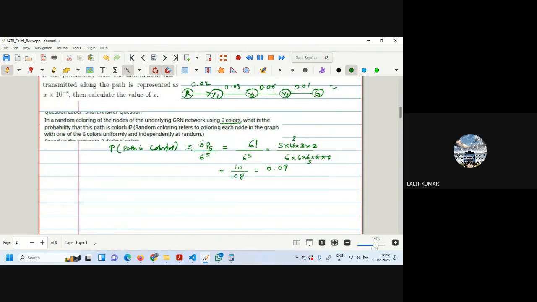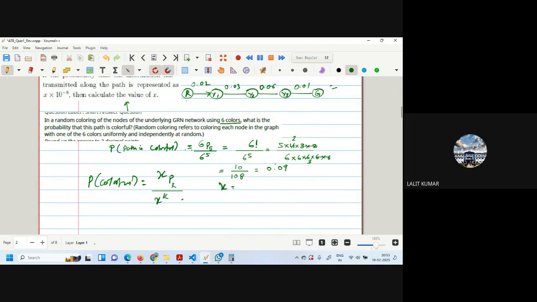Next question is on the colorful problem. In a random coloring of the nodes of the underlying GRN network using 6 colors, what is the probability that this path is colorful? Now they are talking about the same graph, which is there on the top. So we know the formula that P of colorful is equal to x P k divided by x to the power k.